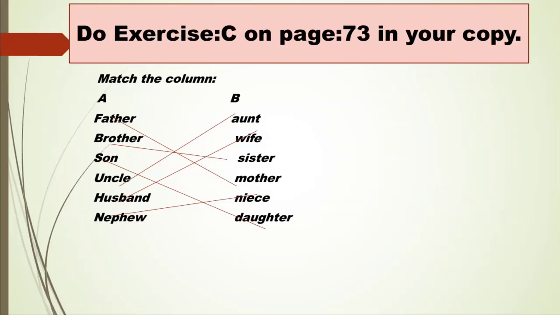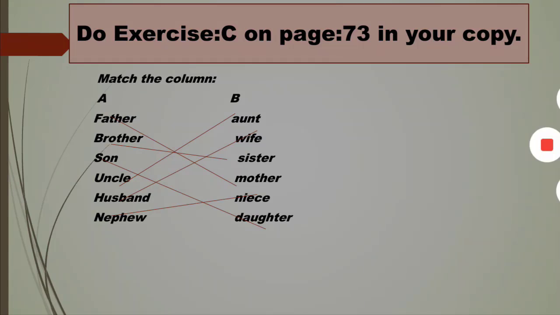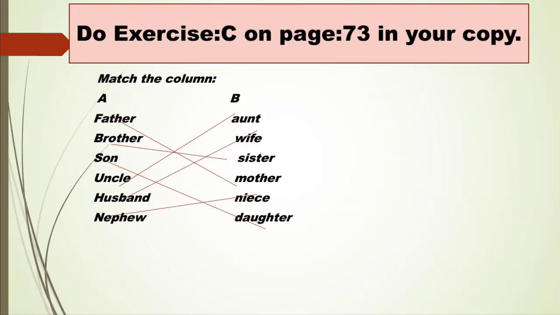Then you have to match the column A and B along with the correct answers. Okay, the first one is match the column, column A and column B. Okay, the column A, the first one is father.